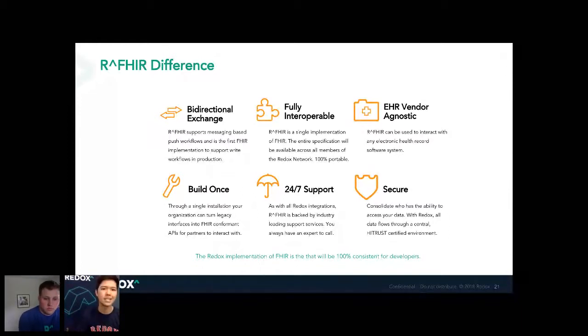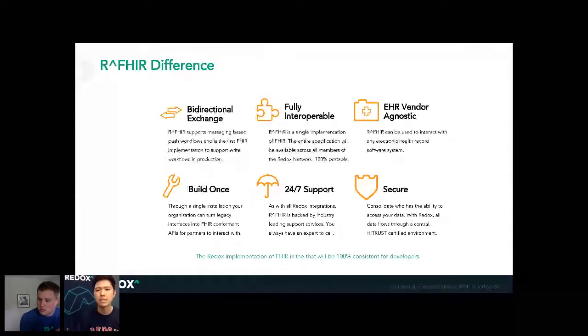The reason is that we're translating it into whatever specification they need. We'll translate a FHIR message that is posted to us into a V2 message, for instance. So that covers bi-directional and EHR agnostic.